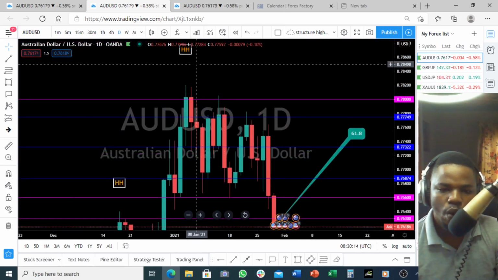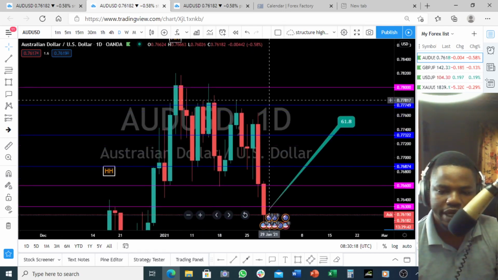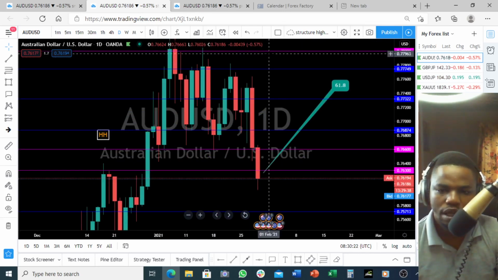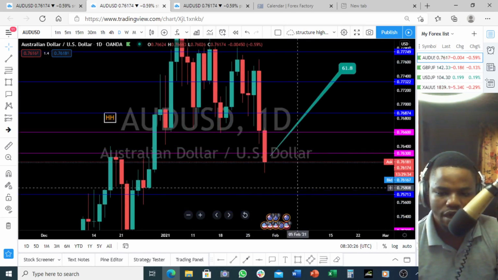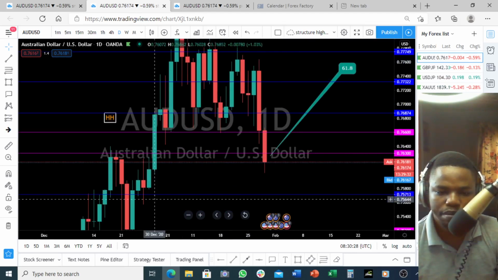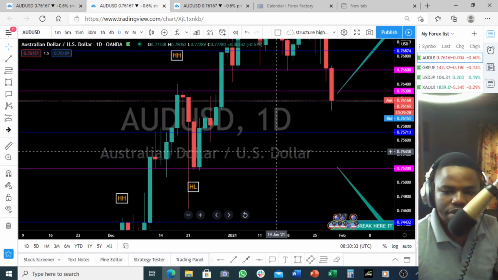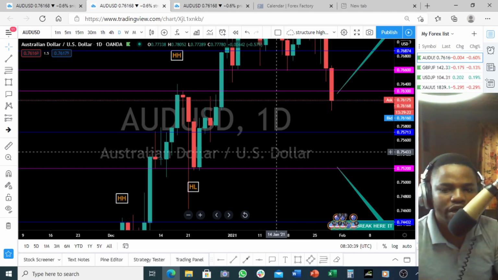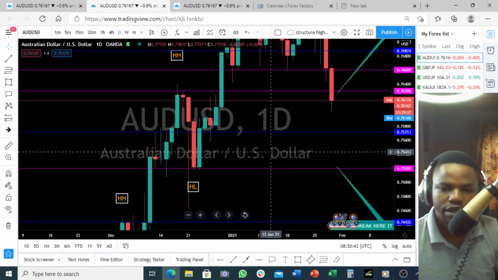Then we are waiting for price to break. Even if we marked here, this was going to be the break of structure, but we are still waiting for price to reach either one of the FIB levels and to give us a bounce. And where does it bounce? We need price to bounce at an area of support or reject the area of resistance.